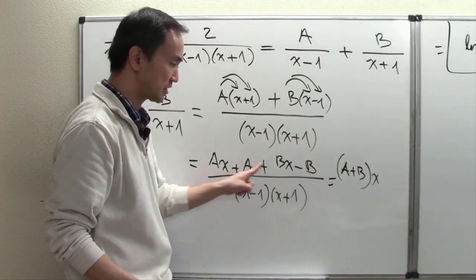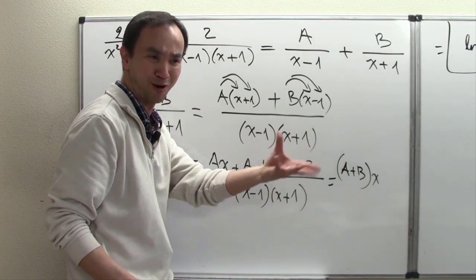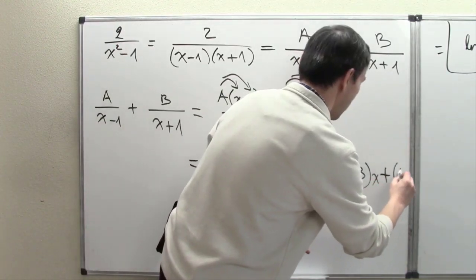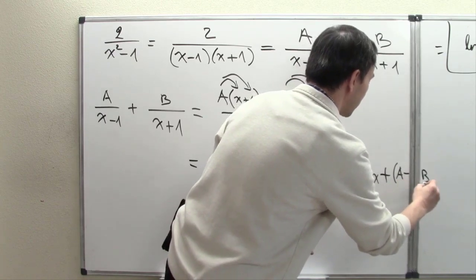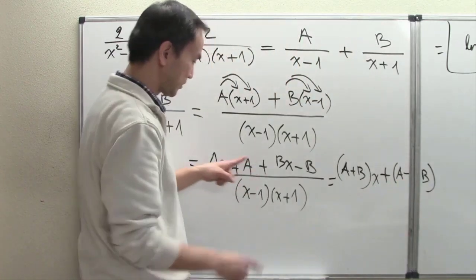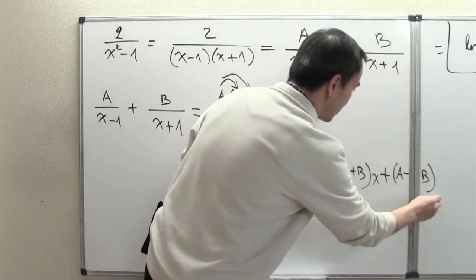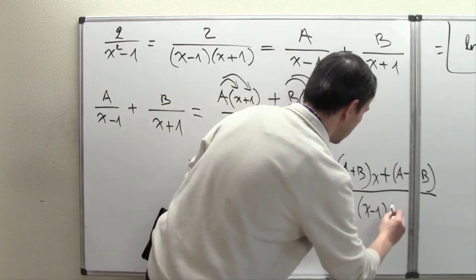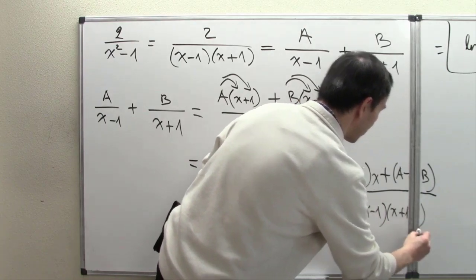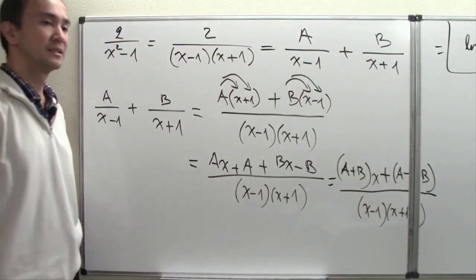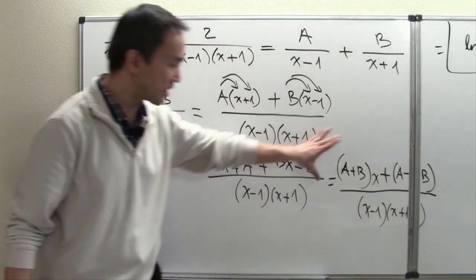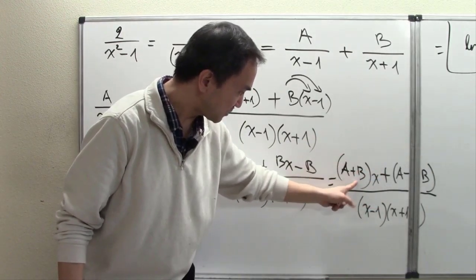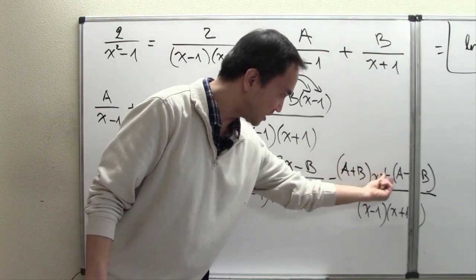So this is a plus b times x, and then a minus b, over x minus 1 times x plus 1. I'm simply regrouping and combining like terms. So my numerator is a plus b as one coefficient times x, plus a minus b.